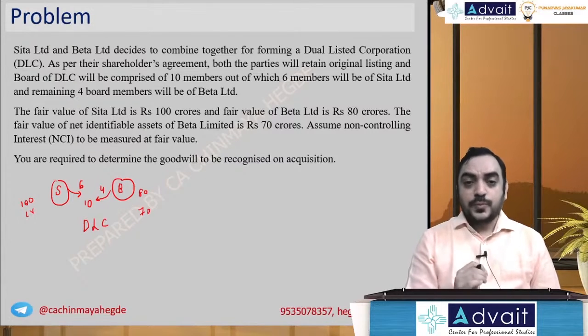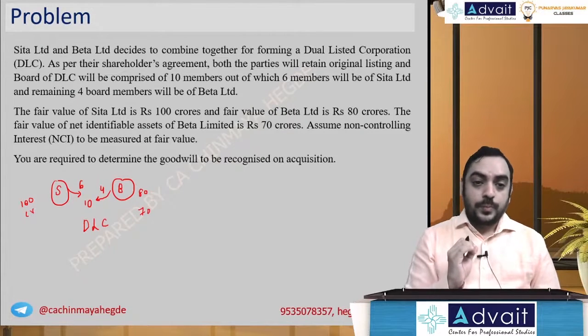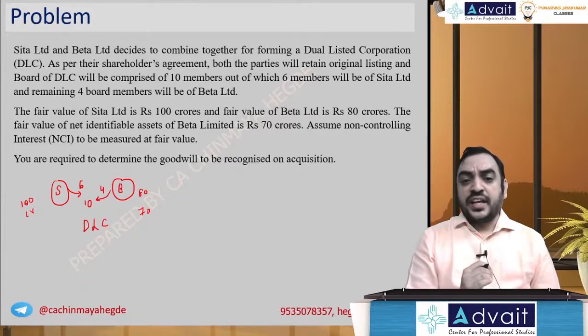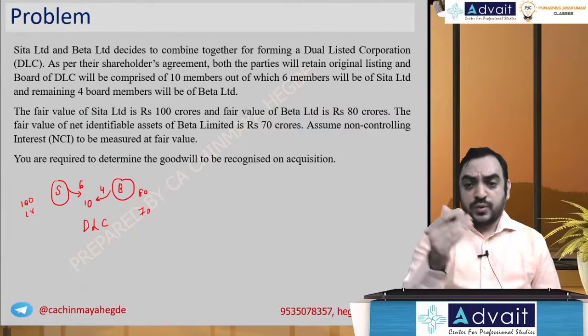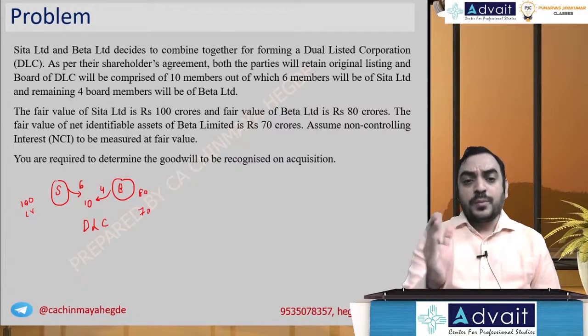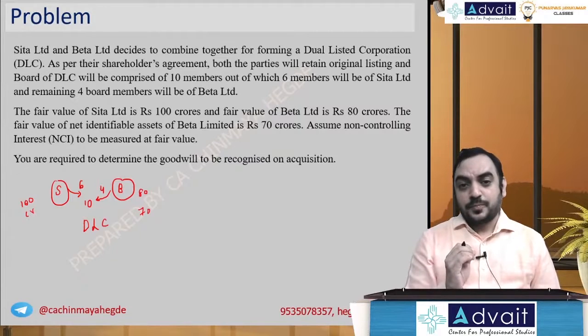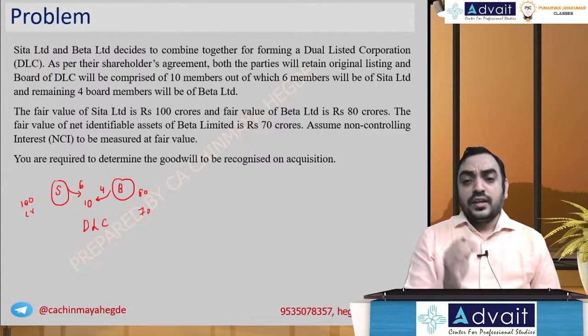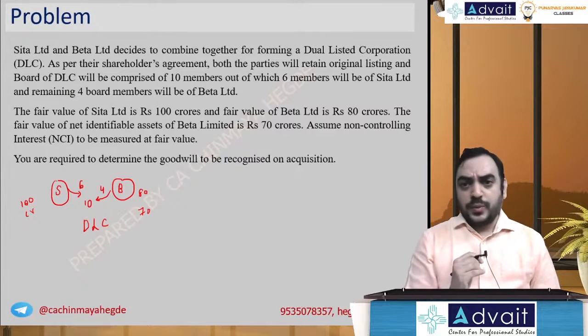So in this case, who will be said to have the control? As you can see in the board of directors, 6 members will be from Sita Limited and 4 members will be from Beta Limited. Therefore, 6 members out of 10 is said to be the majority.